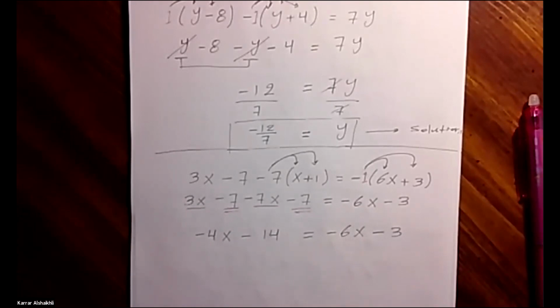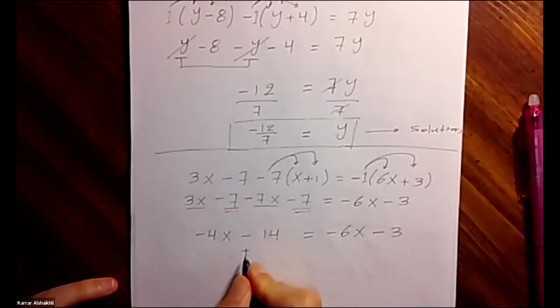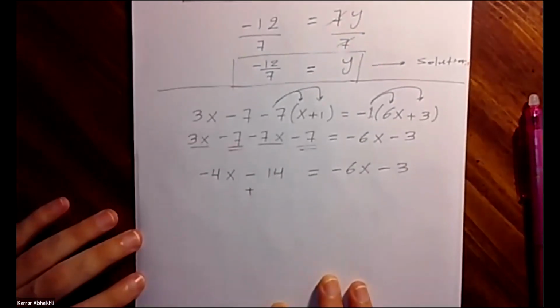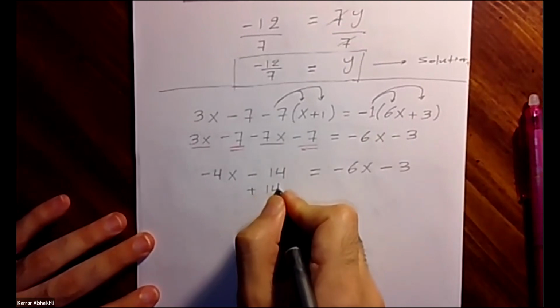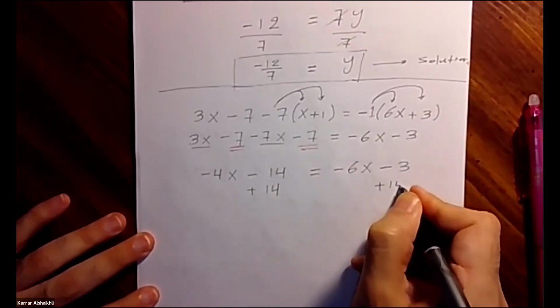Now, next step, we're just going to move the variable to the left side and the numbers by itself to the right side. So here's the number by itself. I need to move it to the right side. Negative 14, I'm going to add 14. Add 14.